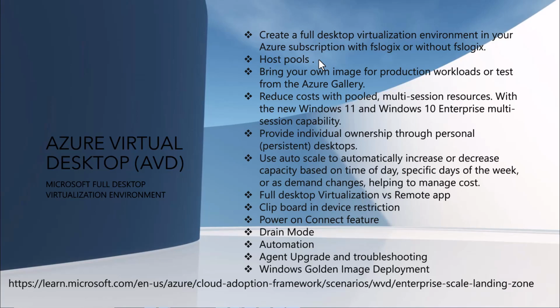If you want to implement a pooled scenario where one virtual machine is shared by multiple users, you will be using Windows 10 Enterprise multi-session. You need to select that VM when you deploy it. We will see it step by step.